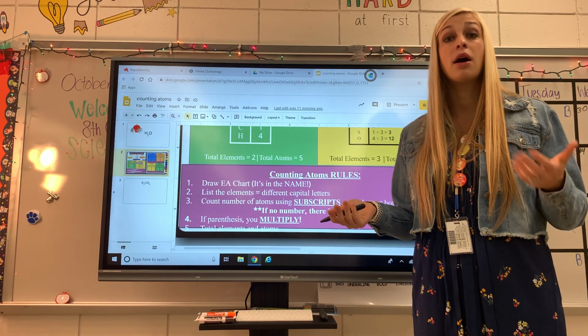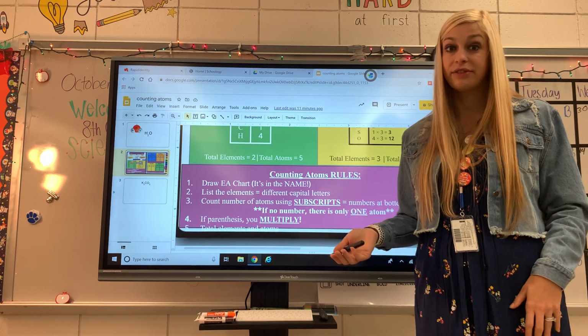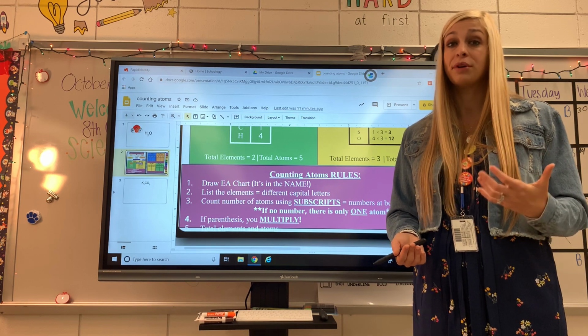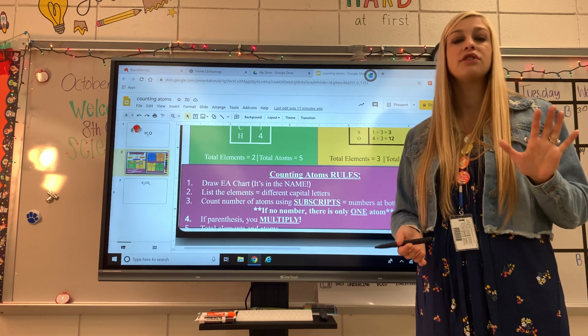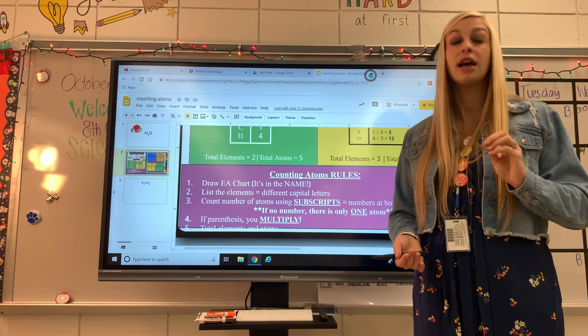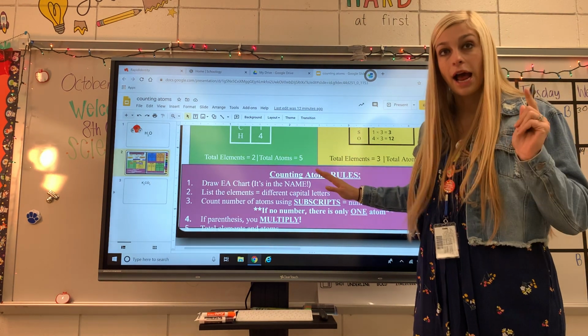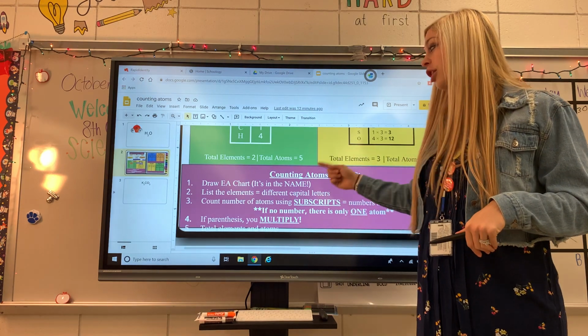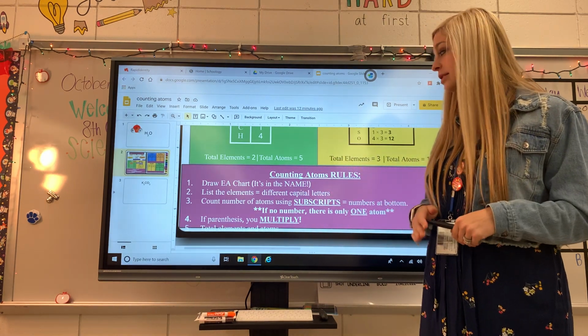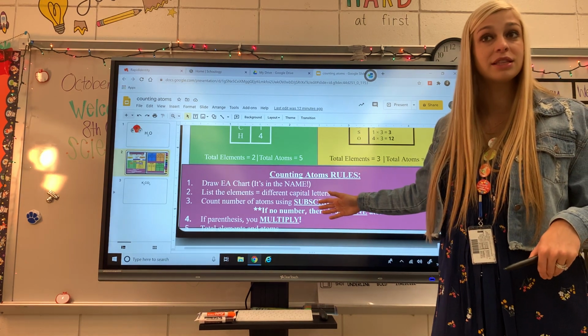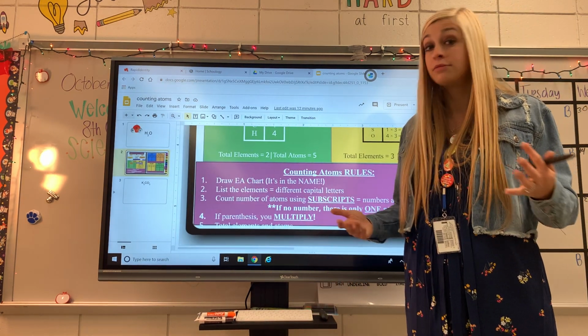If there's any element that doesn't have a subscript, you put the ones, you draw the arrows if there are parentheses. You only have to draw arrows if there are parentheses, and I'll review that in just a second. So, add your ones, add your arrows, draw your EA chart, list the elements, count the atoms, don't forget to multiply if there's parentheses, and then put your total.